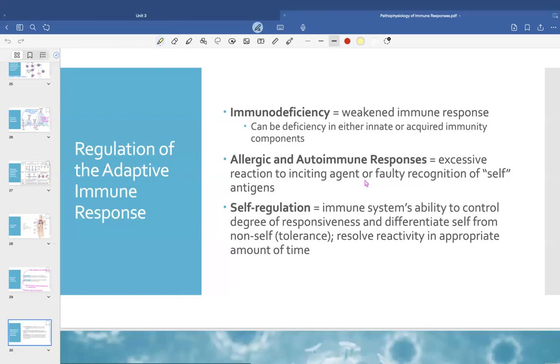It can be either side of the equation, innate or acquired. That is what we call immune deficiency. You can call it immunocompromised. Immunocompetent means you have a full plate of your immune factors.